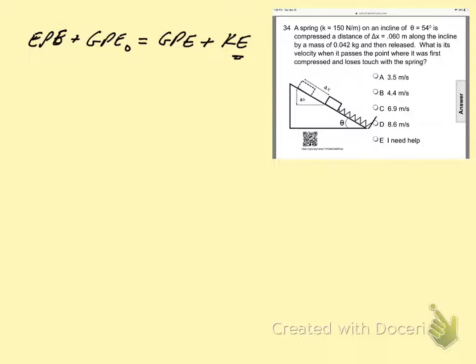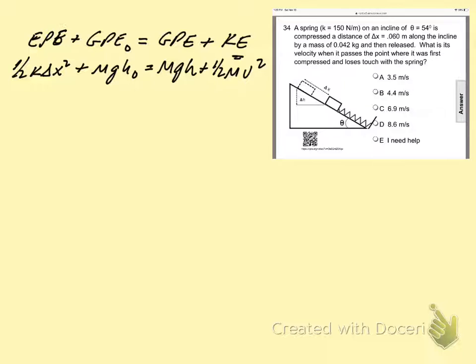All right, so substituting in for our equations, we have EPE is 1/2 k delta x squared, plus mgh initial equals mgh final plus 1/2 mv squared.